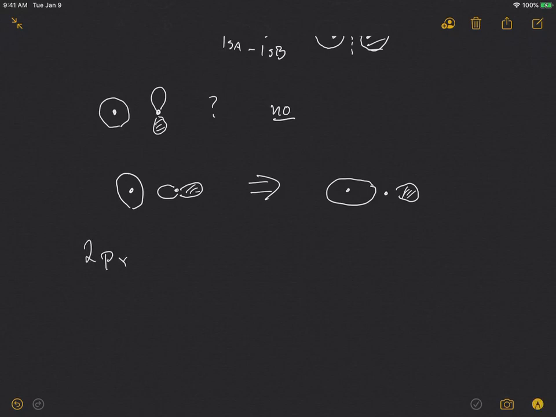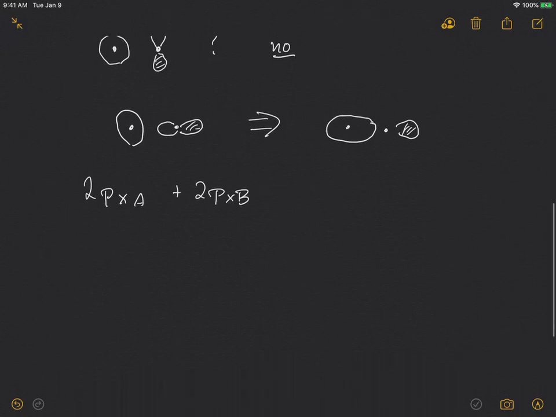Let's look at 2px A plus 2px B. Again, I like to start by sketching the atomic orbitals on the left and then look at the resulting molecular orbital on the right.